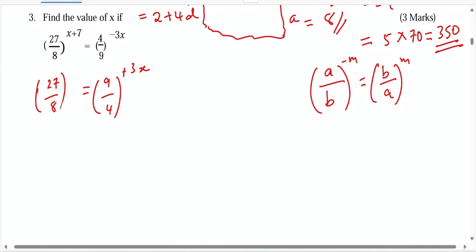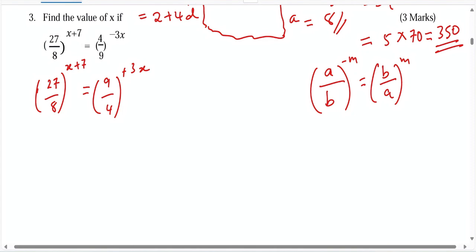Hapa tumeelewa. The next step that we should do is to ensure that they have same basis. Right. Na ukiona hapa kuna za 2 na kuna za 3. Hapo kwa 27 waweza kupata base 3 na hapo kwa 8 na 4 waweza kupata base 2, and the same goes to 9, utaweza kupata base 3.